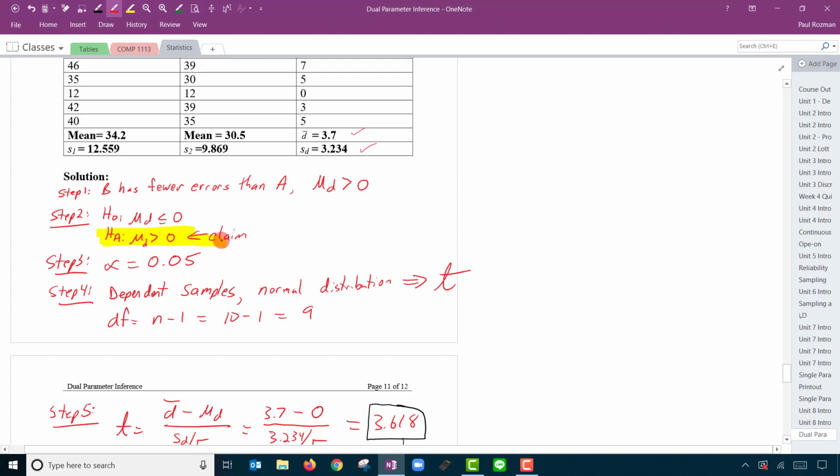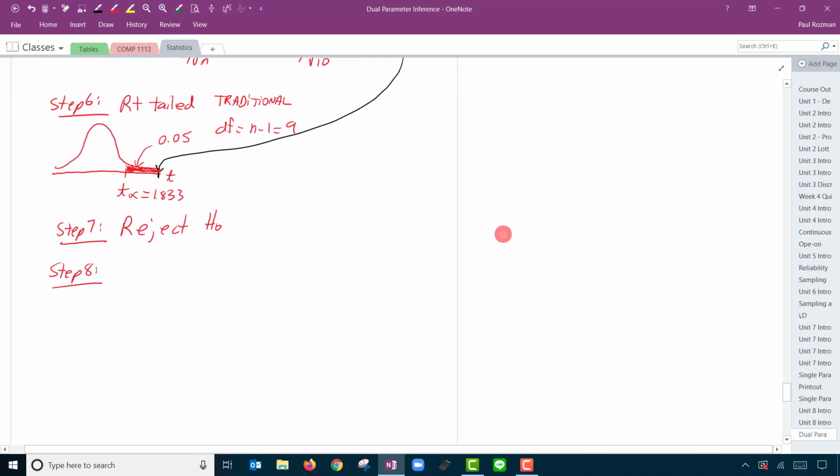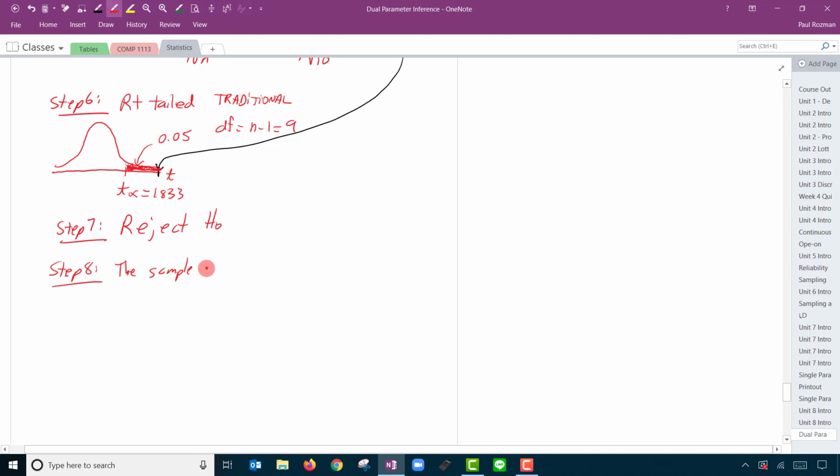And we're doing so fairly strongly because we know the probability of our error is 5%. So we can say the sample data supports the claim, at alpha equals 0.05.